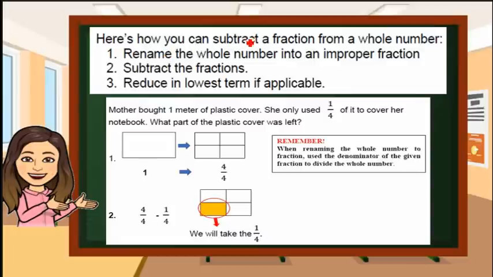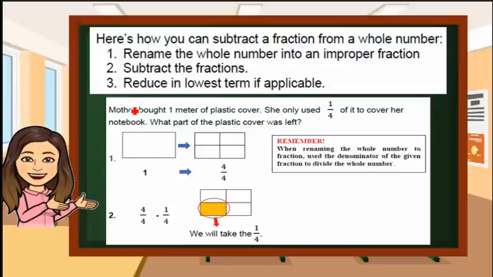Here's how you can subtract a fraction from a whole number. First, rename the whole number into an improper fraction. Second, subtract the fractions. And the third one is to reduce in lowest term if applicable.